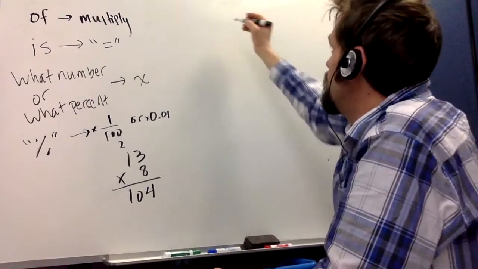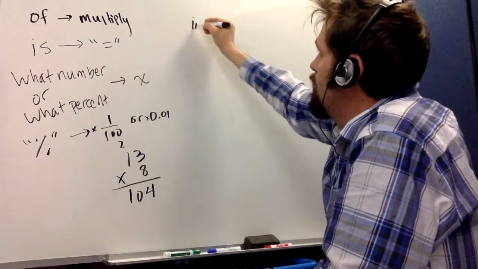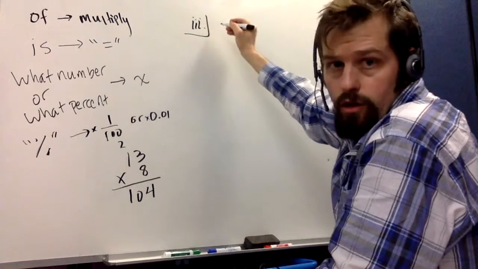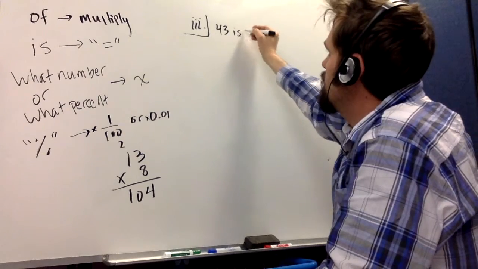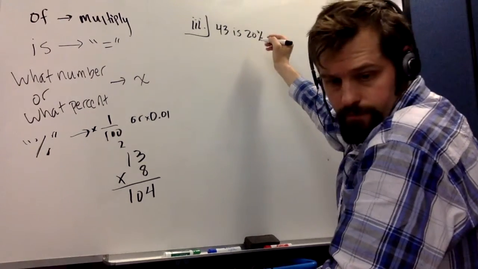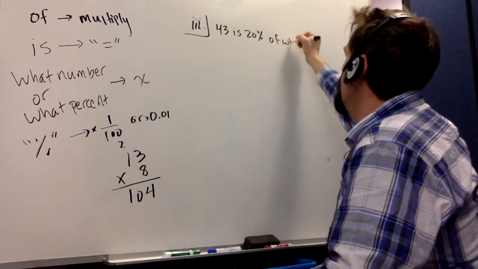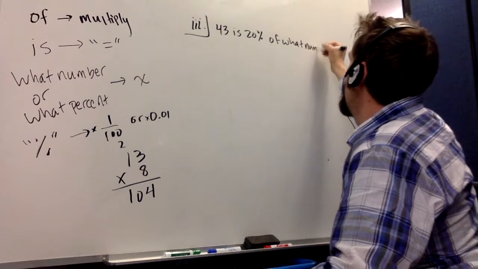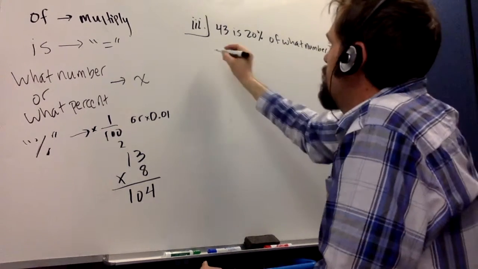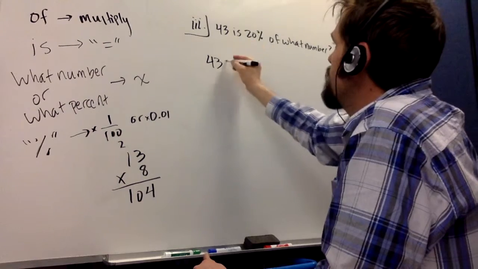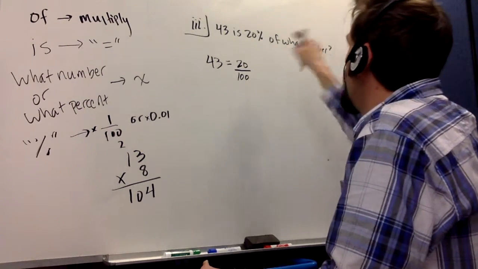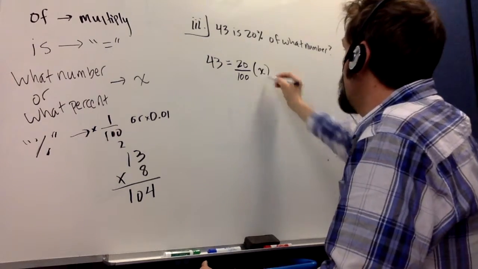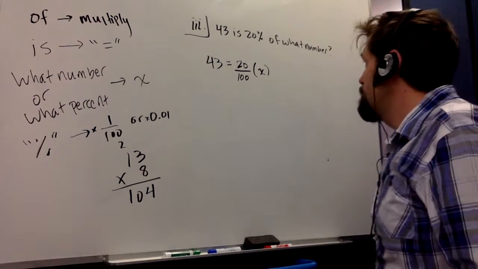Let's look at the next one. 43 is 20% of what number? 43 is 20%, I know that means 20 over 100, of, multiplied by the unknown number x.